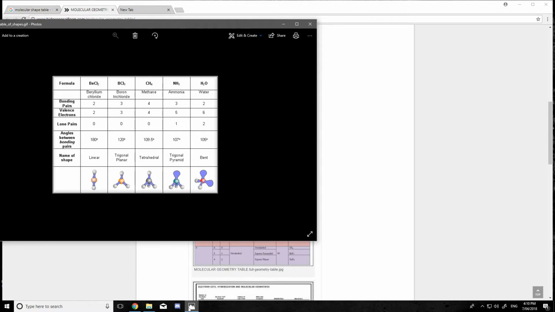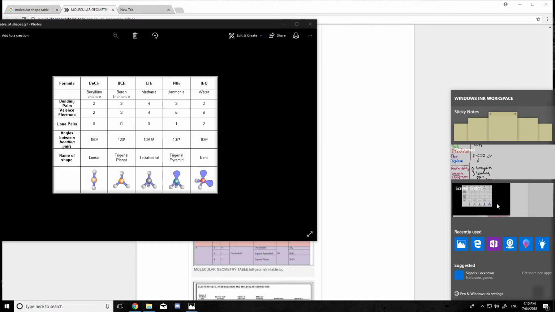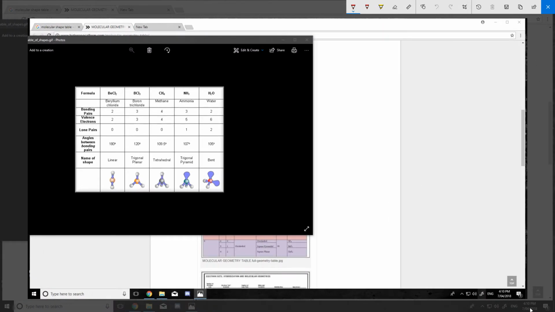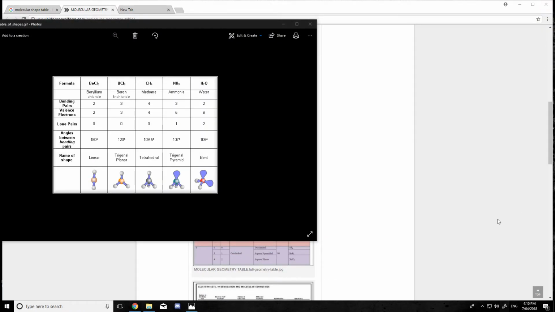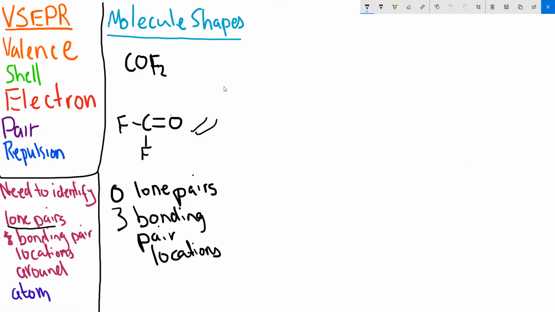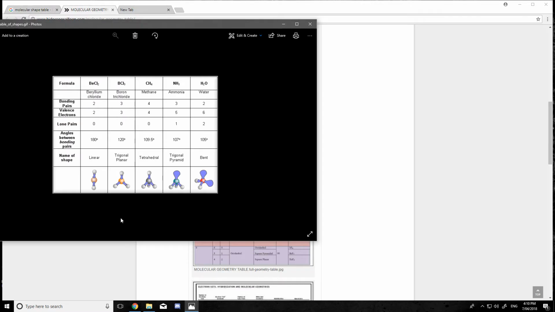What we simply need to do now is go back to my screen sketch: I have 0 lone pairs and 3 bonding pairs. Going back to my table, I can see that a trigonal planar molecule has 3 bonding pairs and 0 lone pairs.